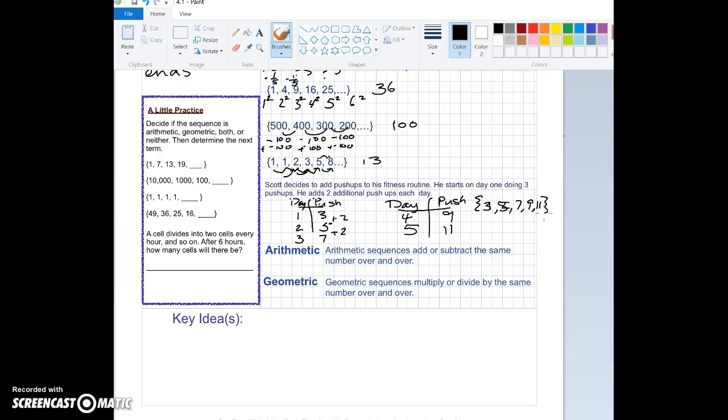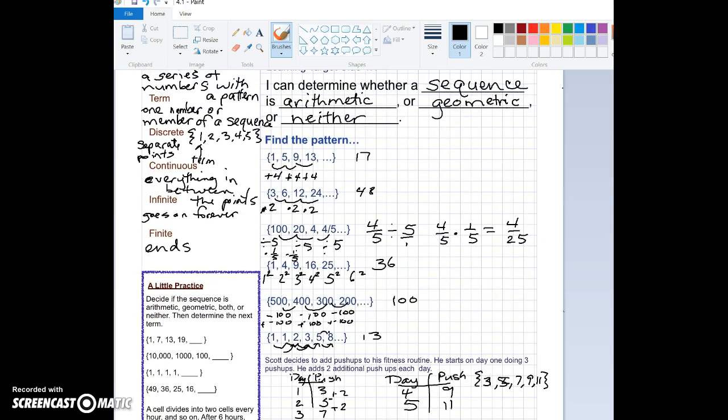Now, as we look at our sequences, we should notice that there are different types of sequences. Some sequences we add or subtract, some sequences we multiply or divide, and some sequences we don't do either. All right?